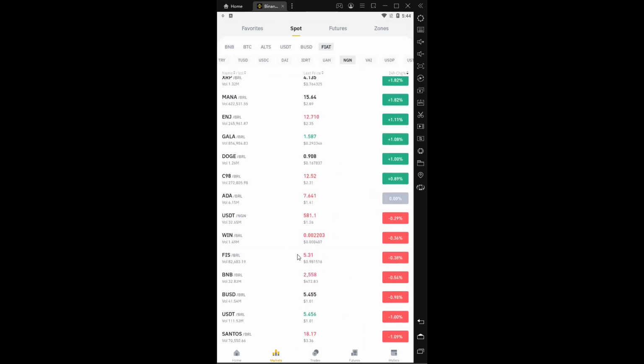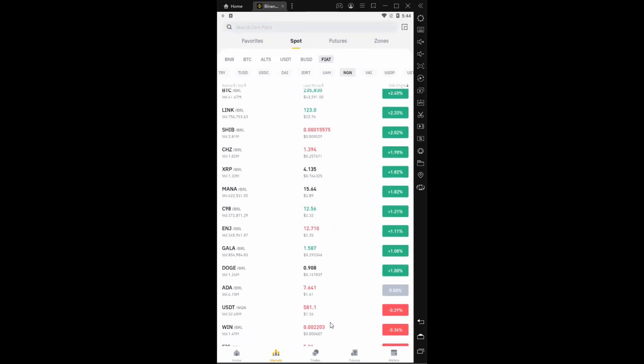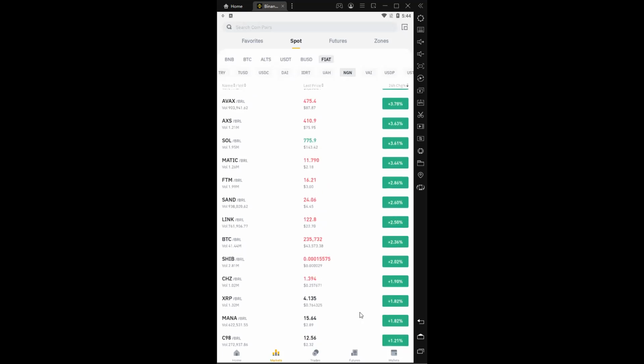I think the only option available in Nigeria currently is just USDT because of the ban. They've removed all other coins pegged against Naira.